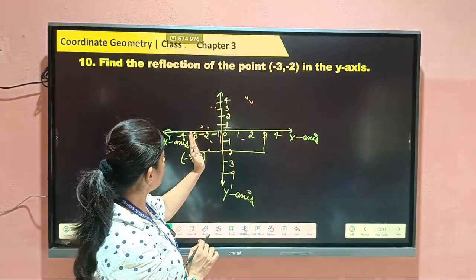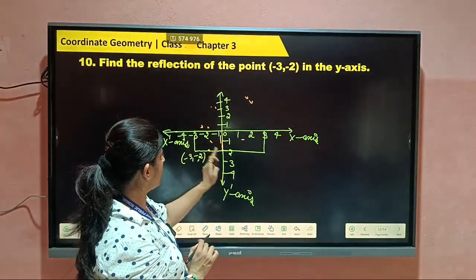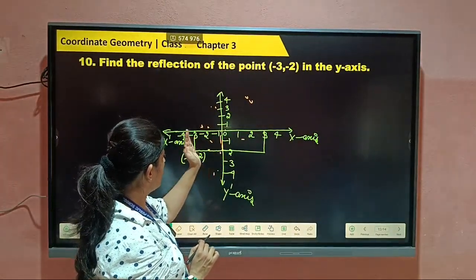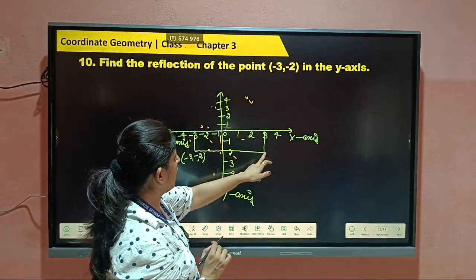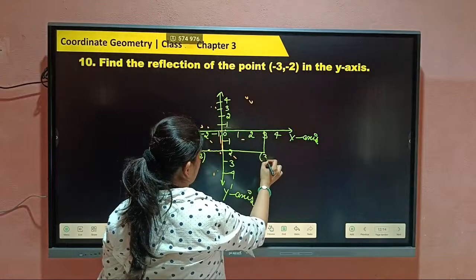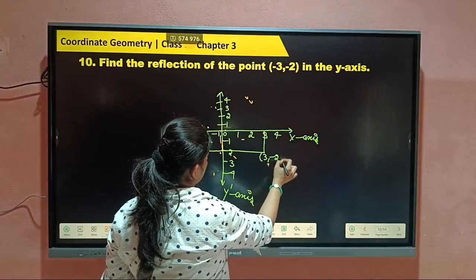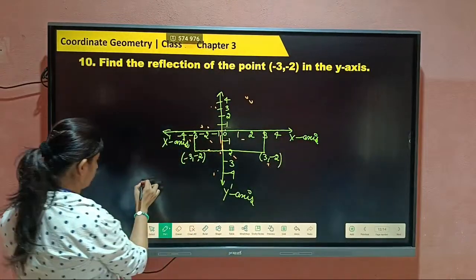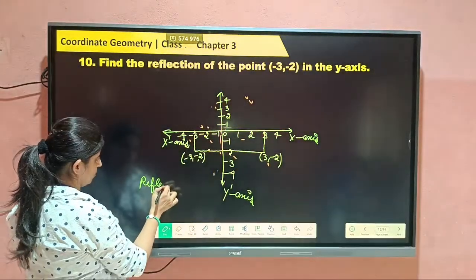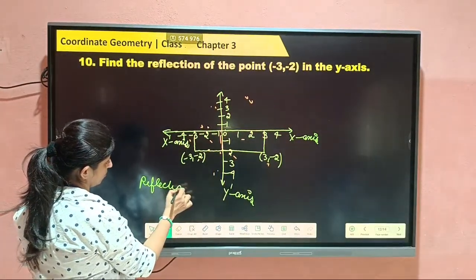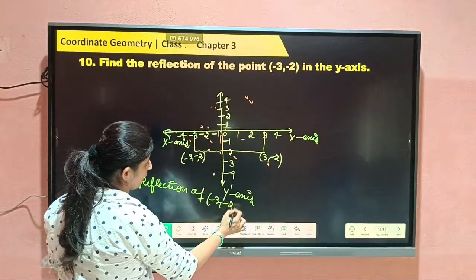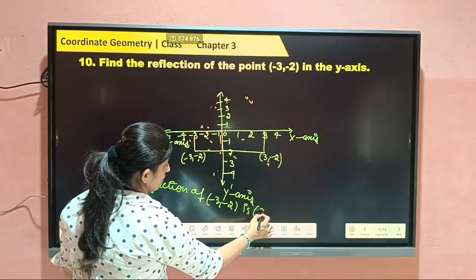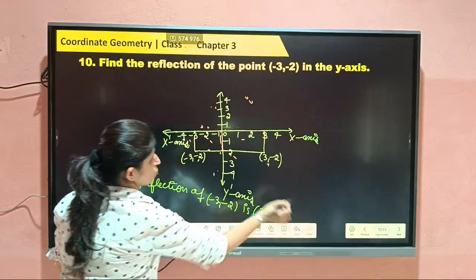Okay. Now -3 and -2 is there. It will move in this way. So what will come? 3 and -2. So reflection is 3, -2. Reflection of -3, -2 is 3, -2.